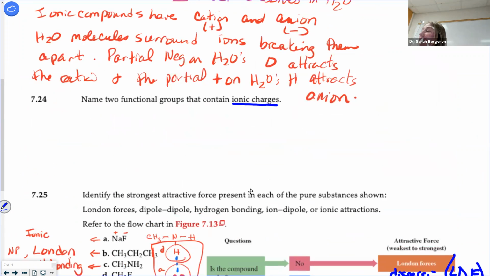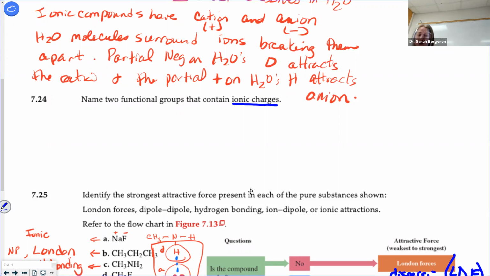Okay, so now, in order to identify if something is having an ion-dipole interaction or an ionic interaction, you have to look and see what kinds of functional groups have positive or negative charges. So looking at your functional groups, remembering your functional groups, what two do we have that contain ionic charges, not partial charges, but full charges?